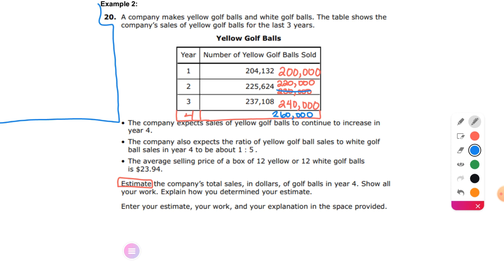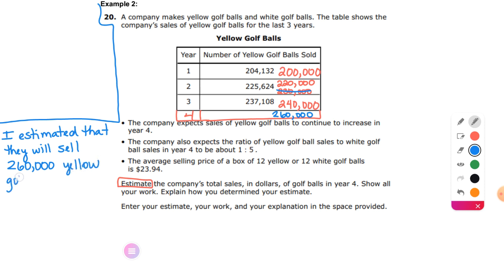Under that, I'm going to write: I estimated that they will sell 260,000 yellow golf balls, and again, you guys can do this at the bottom. I'm doing it anywhere I have room.